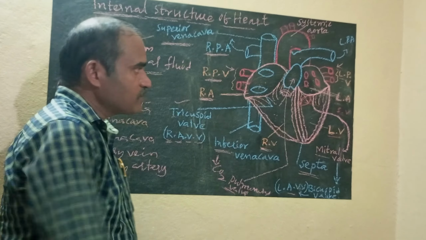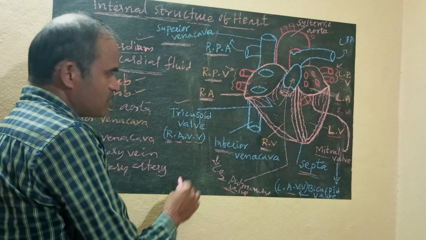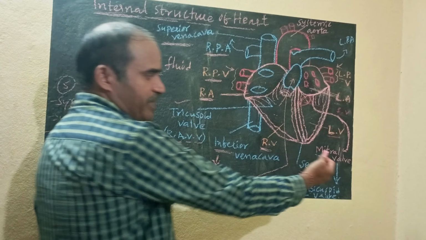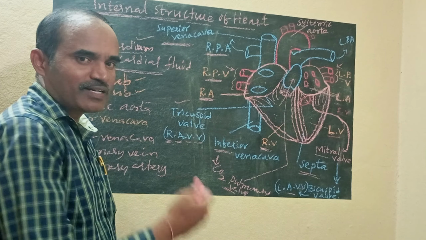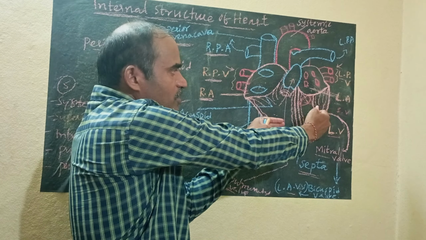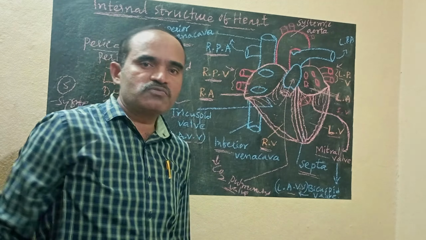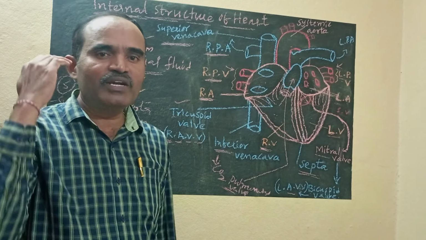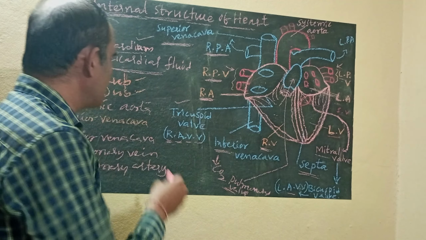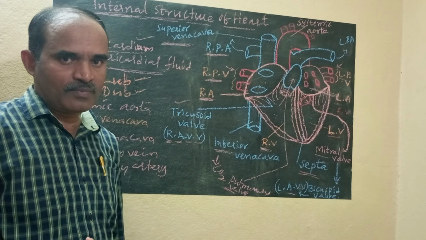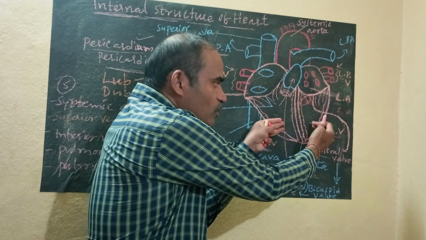Blood flows from the upper two chambers to the lower two chambers through valves like the tricuspid valve and the mitral valve. At that time, the valves are closed forcefully, and we may listen to a sharp sound called lub.